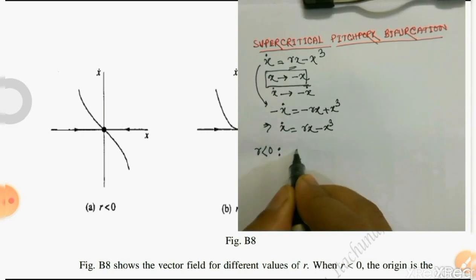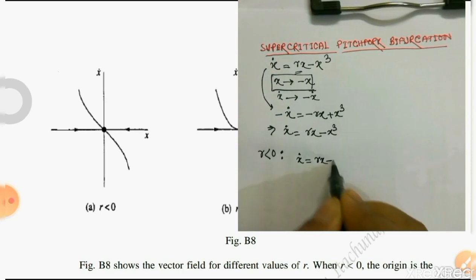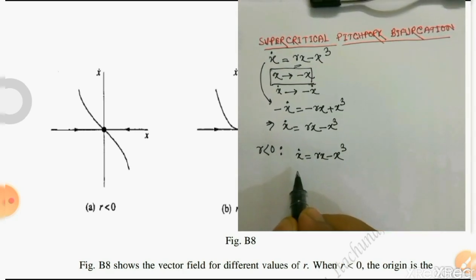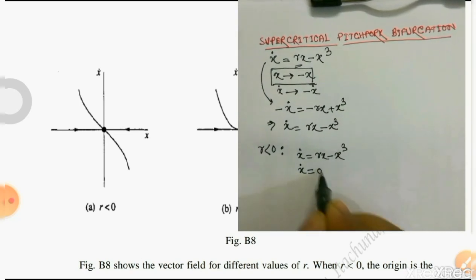Now, the one dimensional equation is x dot equals rx minus x cube. To determine the fixed points, first of all we will put x dot equals 0.